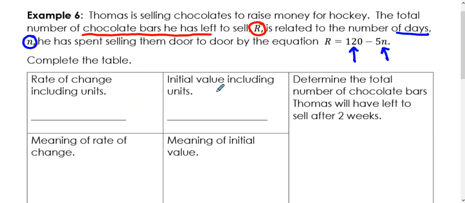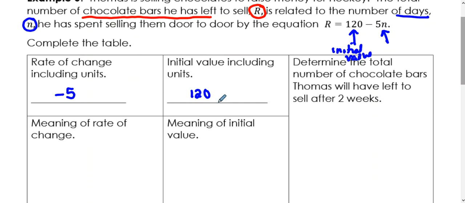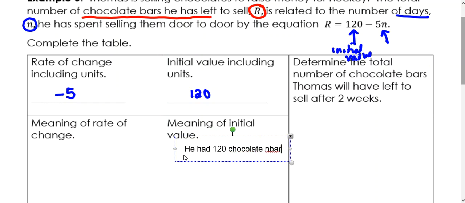All right. So my initial value has no variable attached to it. So initially I had 120 chocolate bars based on the equation. My rate of change is -5. So the meaning of that we can interpret. He had 120 chocolate bars at the start.